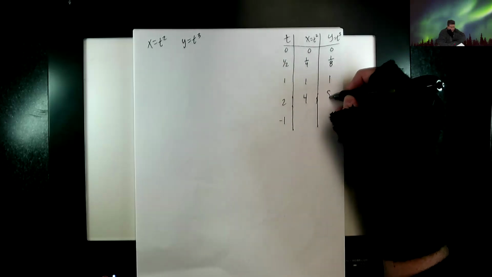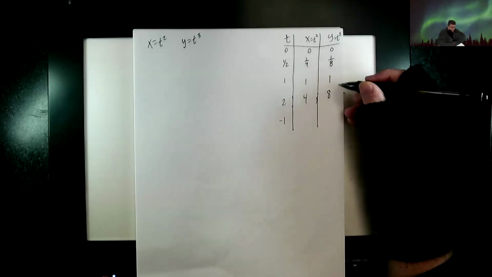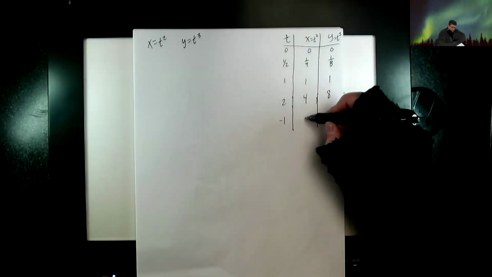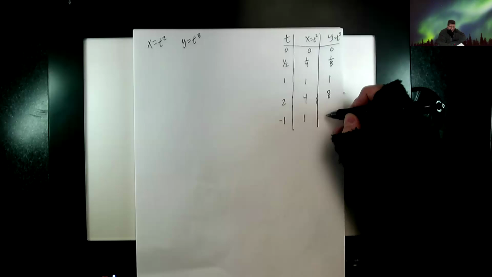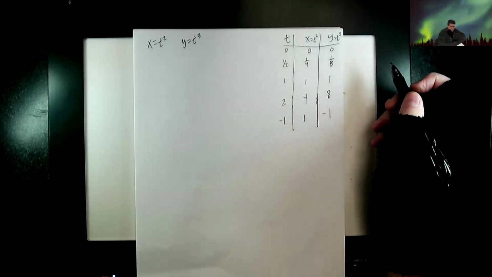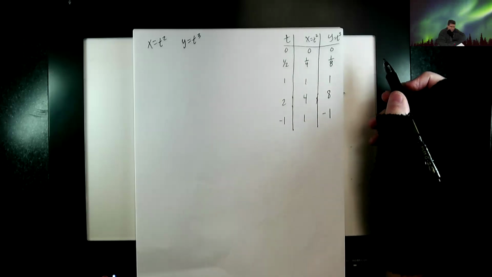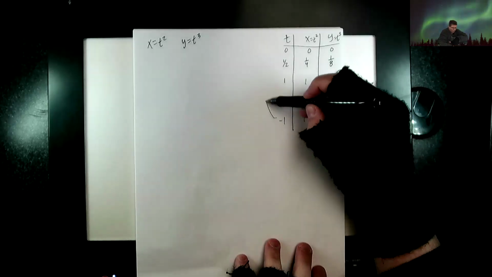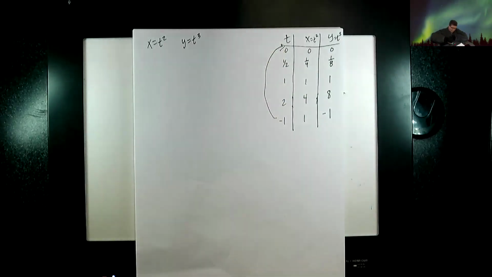This is 4 and 8. And this is 1 and -1. Oh, that's crazy. And when we're doing it in order for direction, this is really above that.